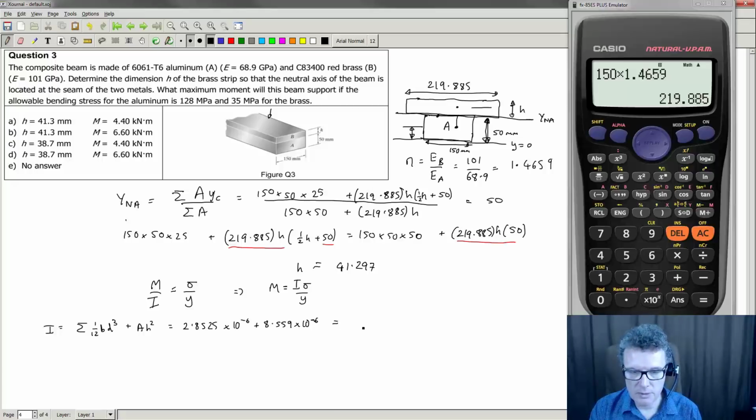So I get a second moment of area for the girder to be 1.1412 times 10 to the minus 5 meters to the power 4. So, what next?